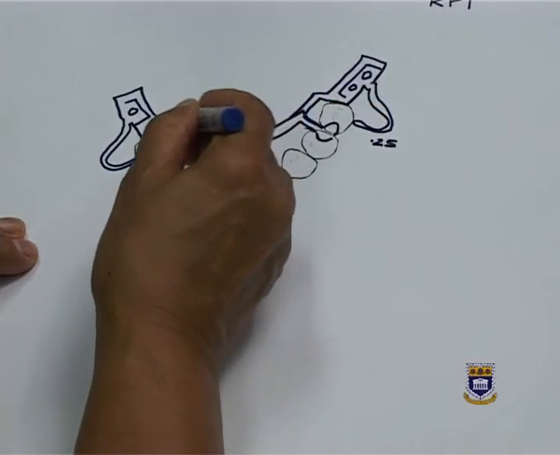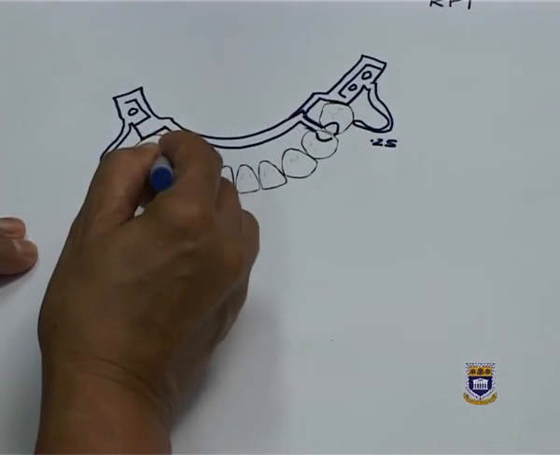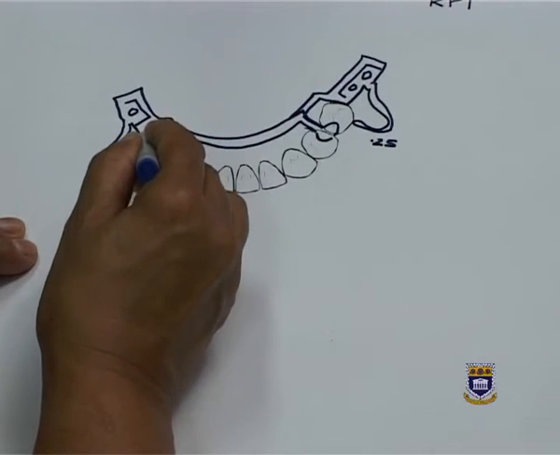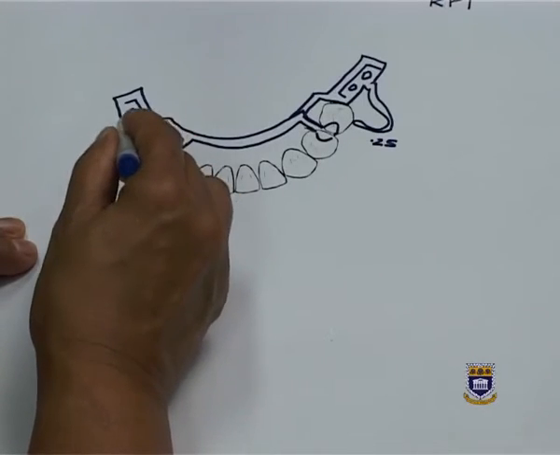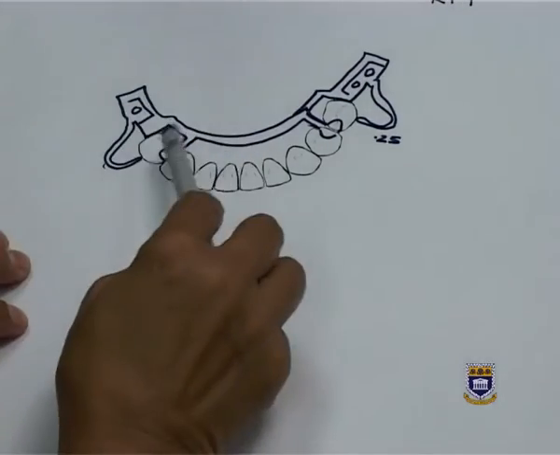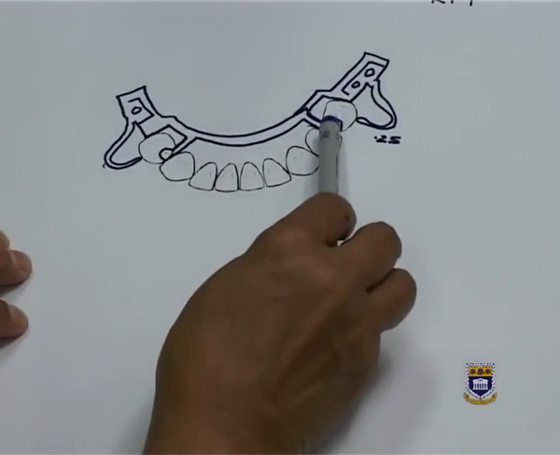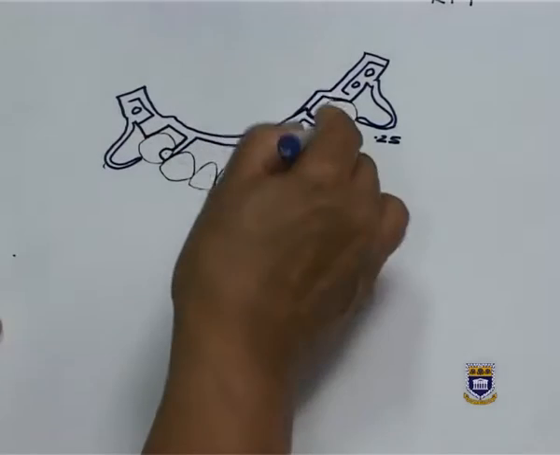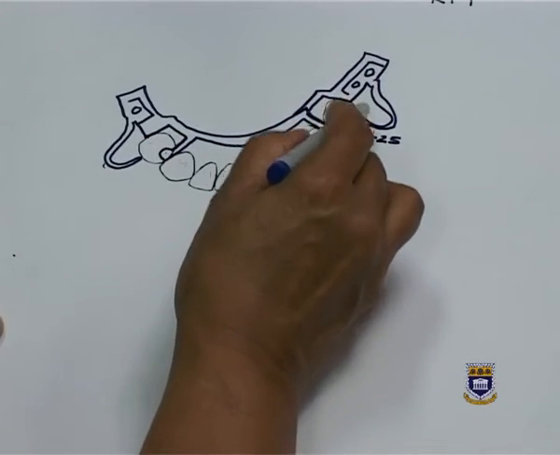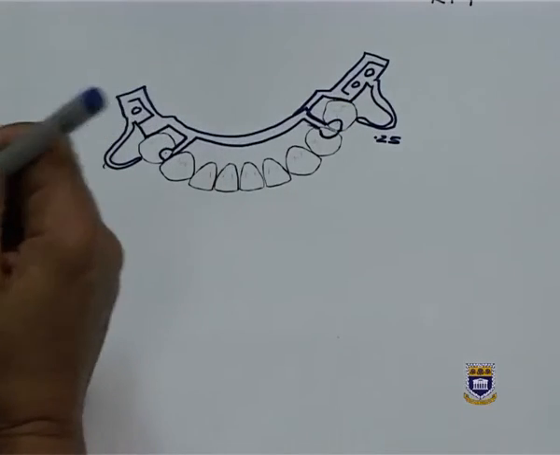And here I'm using my RPI system, a mesial rest, a proximal plate that is contacting the occlusal 2 millimeters of the abutment surface, and my gingivally approaching clasp. So I've got my 1, 2, 3 rests, so the third rest on the 3-4 for indirect retention, and my RPI system that I've used.